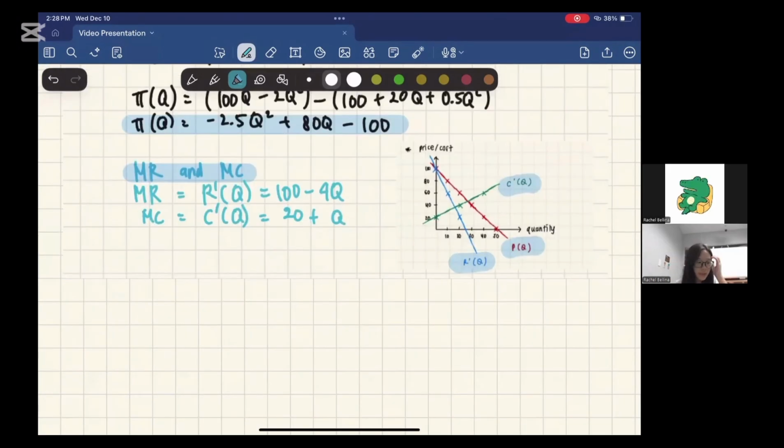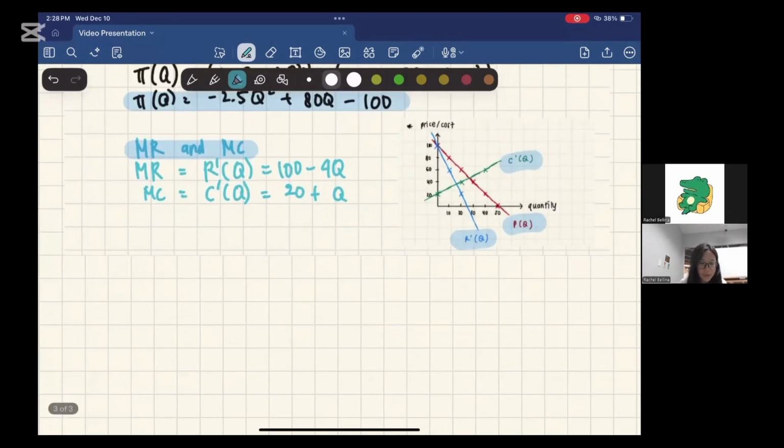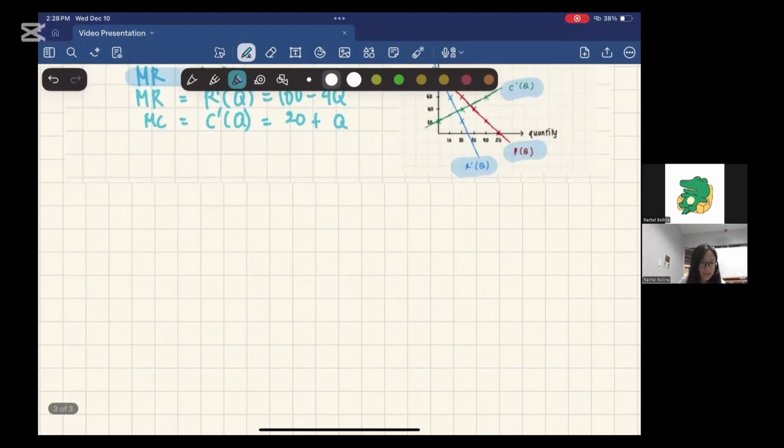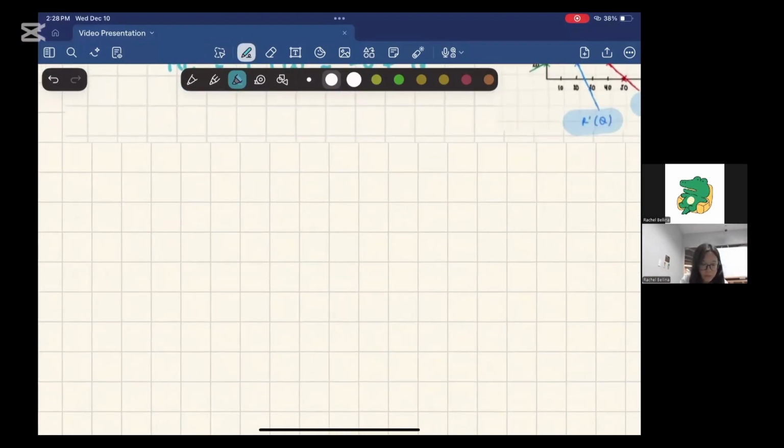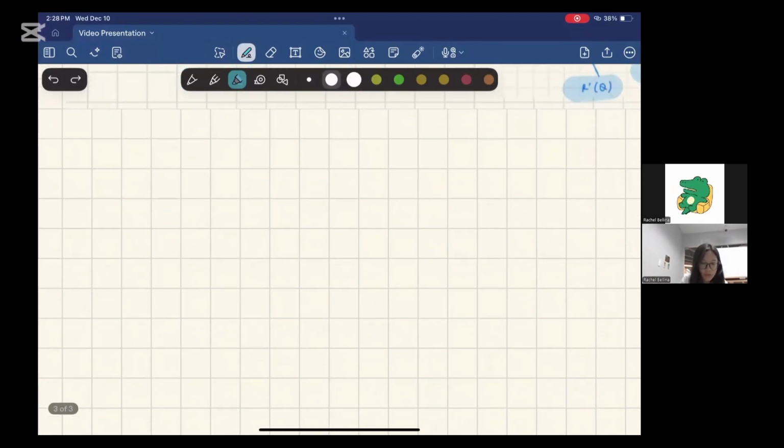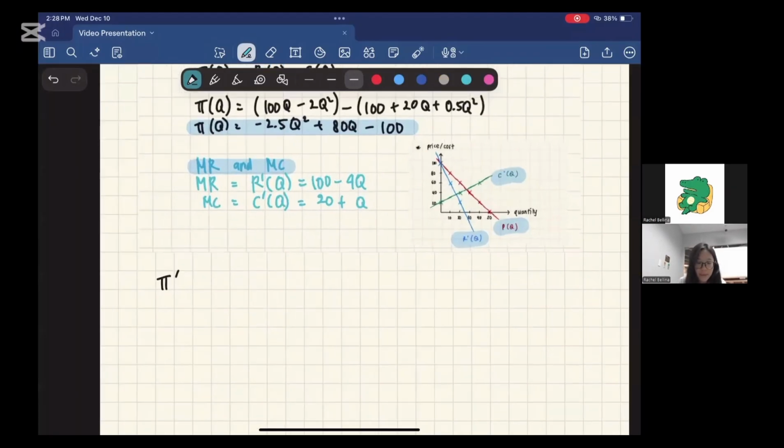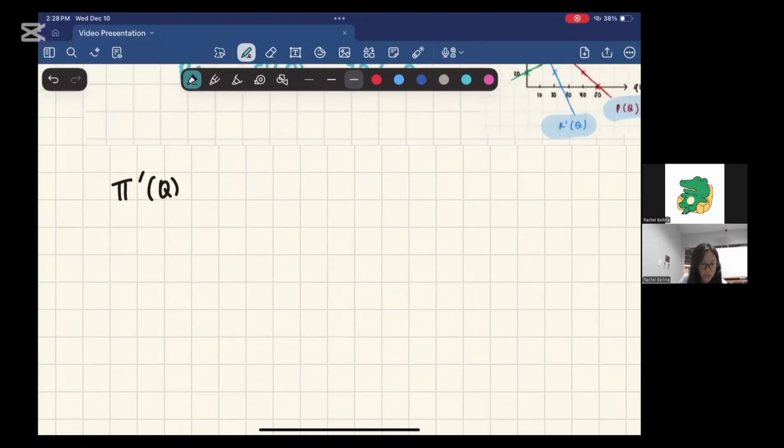So now we need to find the profit maximizing quantity. The derivative of pi of Q equals marginal revenue minus marginal cost.